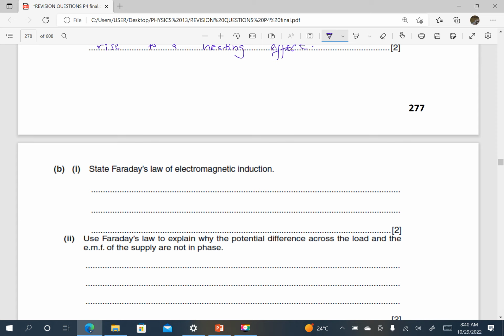So the magnitude of the induced EMF in a coil is directly proportional to the rate of change of magnetic flux linkage.